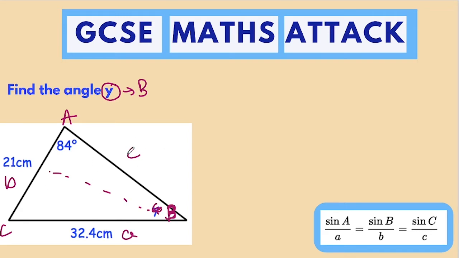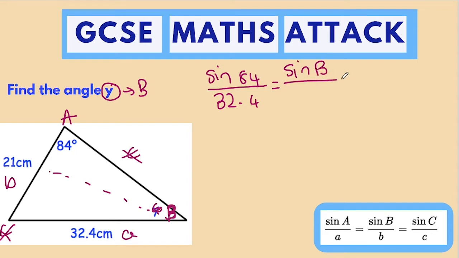I've been given nothing about C, so it's quite useless for me to use C. I have been given two pieces of information about A. I've got an angle A and I have a side a. So this formula will work. So I'm going to rewrite this. I'm going to write down sine 84 all over 32.4 equals sine B all over 21.